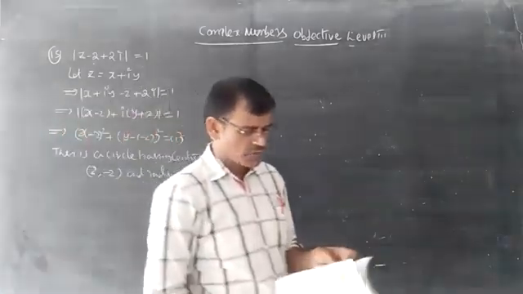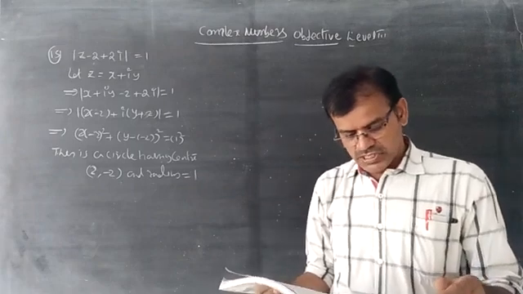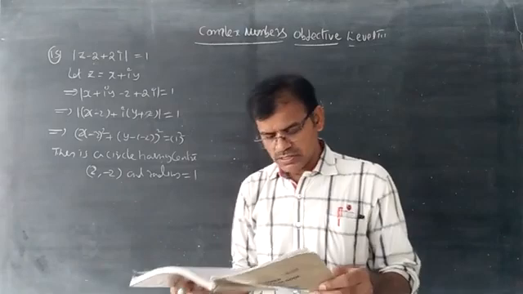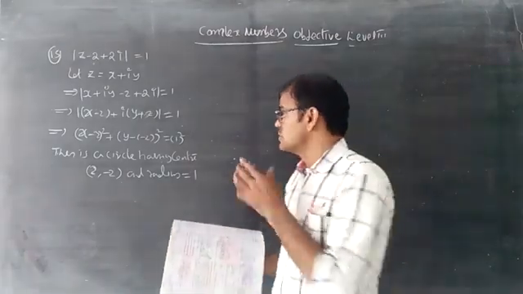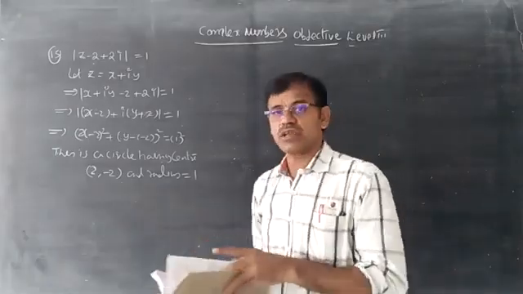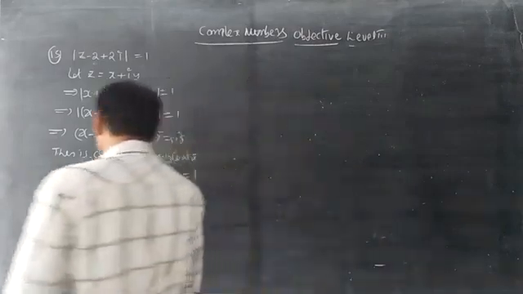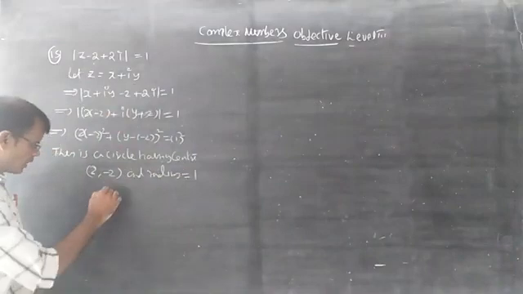Now read the question. Z is a complex number having least absolute value and modulus of z minus 2 plus 2i is equal to 1. So whatever complex number we are going to find should be associated with the circle. This is in the 4th quadrant.